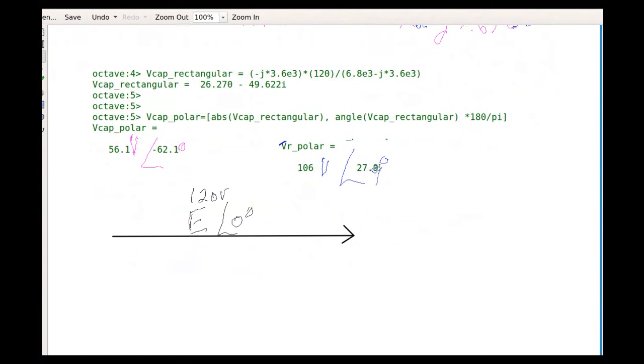And then the voltage across the resistor is 106 at an angle of positive 27 degrees. So let me just shift this a little bit here.